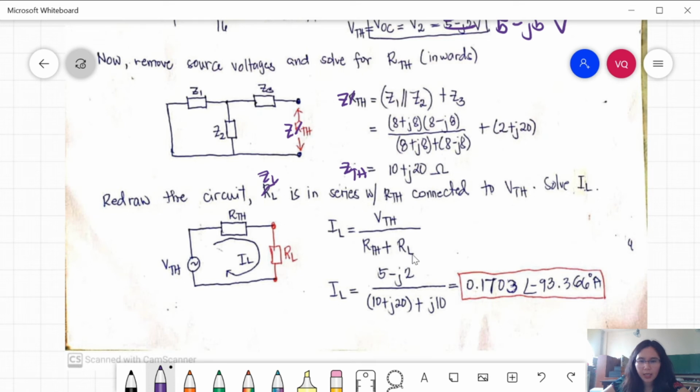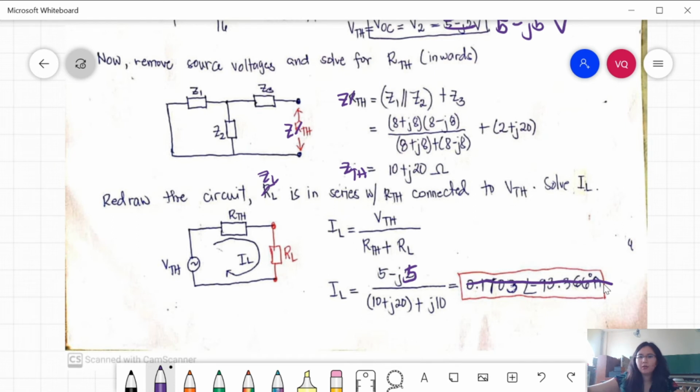So just replace these with Z. IL now will be 5 minus J5 divided by 10 plus J20 plus J10.